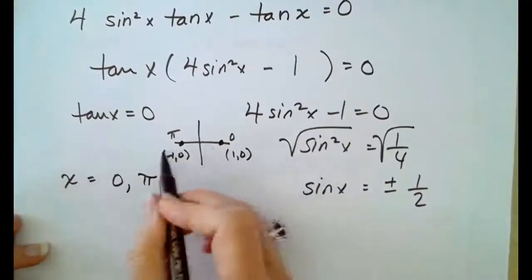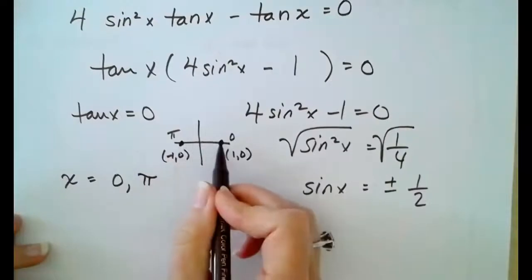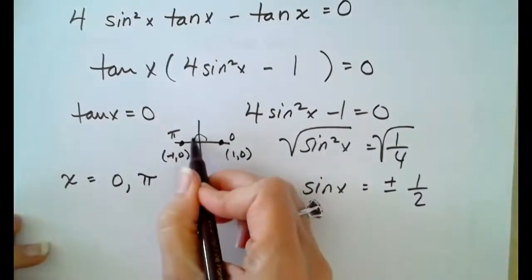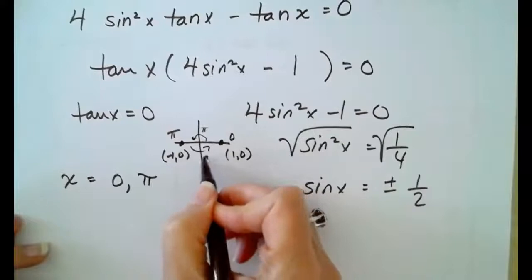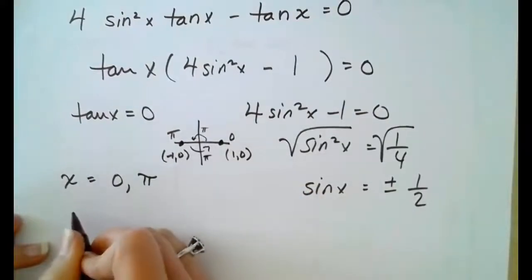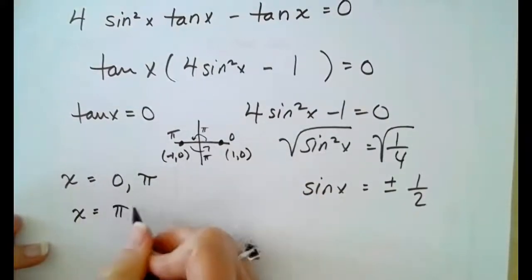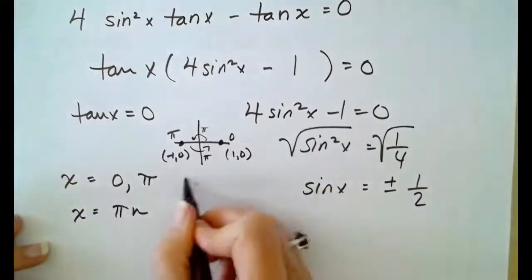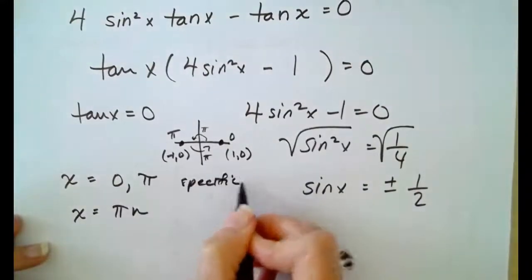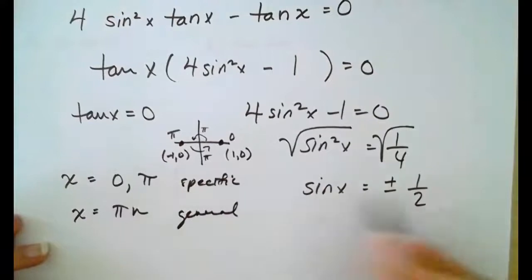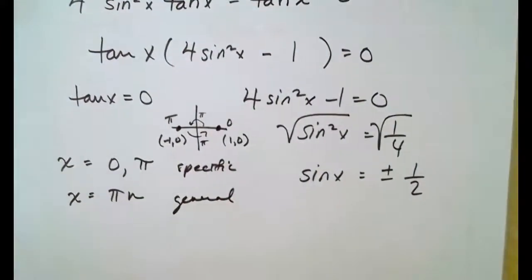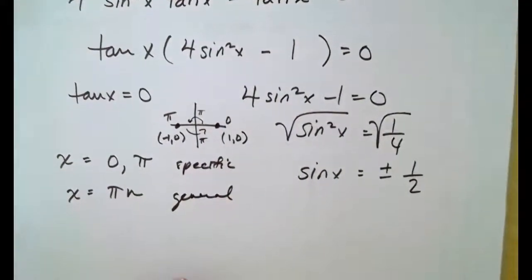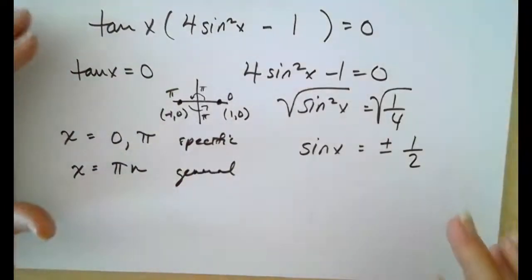And the general solution, recall, these two solutions are pi units apart. So we can just do this with one general solution of pi times n. So specific and general.